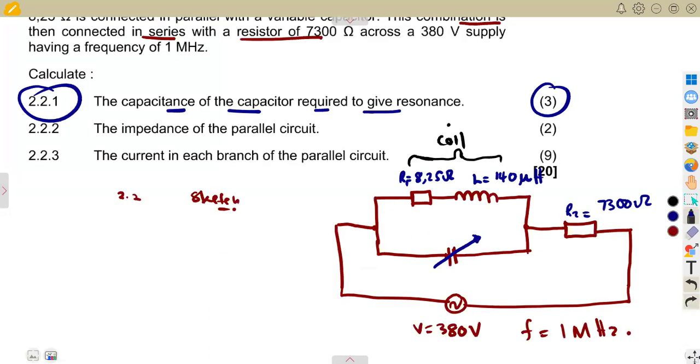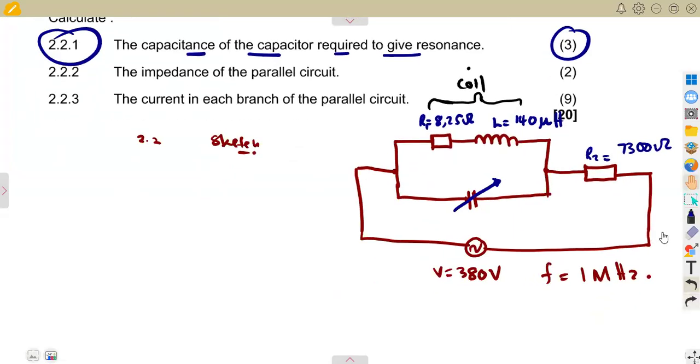The formula can be used if our R, like I mentioned before, is very small. So you're supposed to test this first. All right, so let us test.